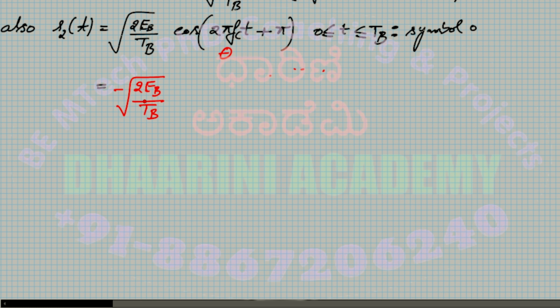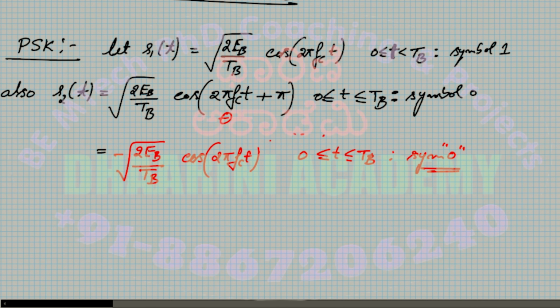So this is minus of root of 2 EB by TB into cos of 2 pi FCT, when 0 less than or equal to t less than or equal to TB, for the symbol 0. So compare S1 and S2 of t, they are negative of each other. Just verify.